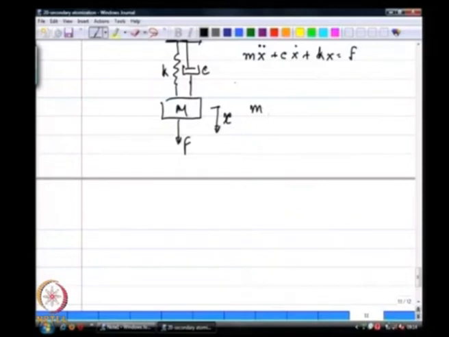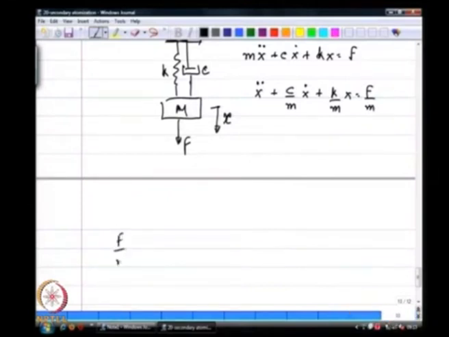I will, for the sake of simplicity, divide all of this by m and write a scaling for each of these. F by m goes as the force acting on this drop due to the relative velocity.